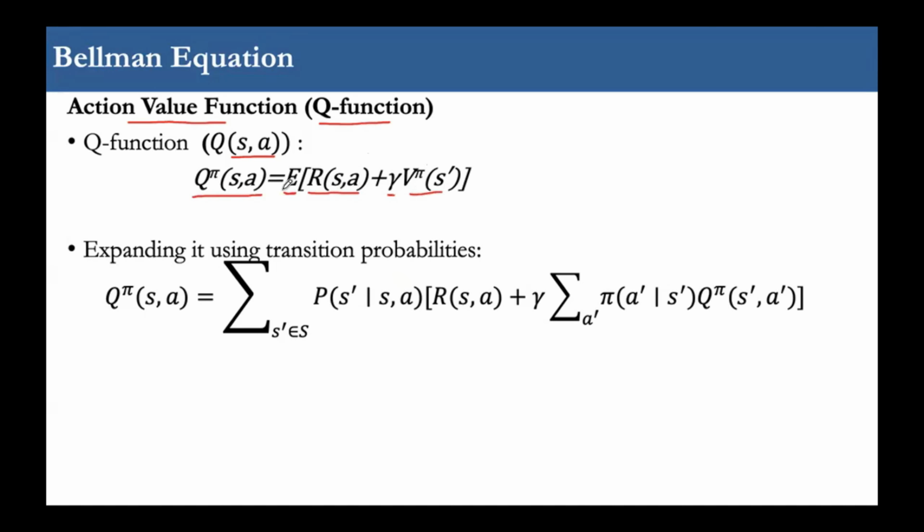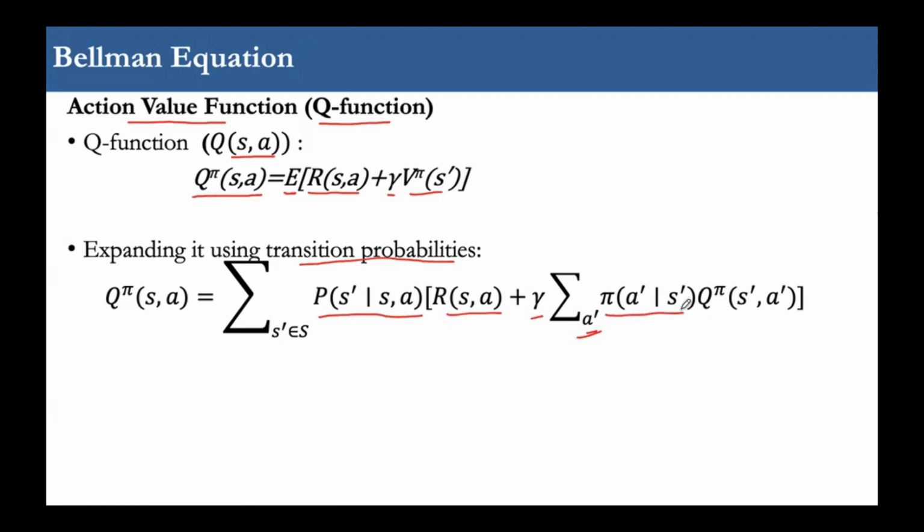Then we can expand this equation with transition probabilities. When we expand it, we get Q pi of S comma A is equal to summation of S dash belongs to capital S, the transition probability, into the reward R of S comma A, plus gamma into summation of A, the actions.